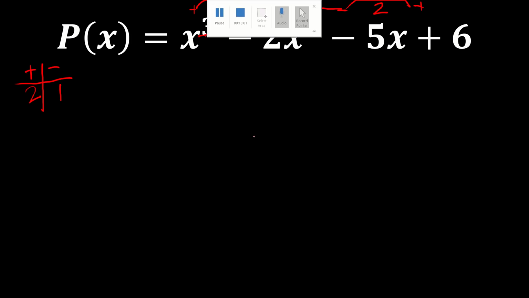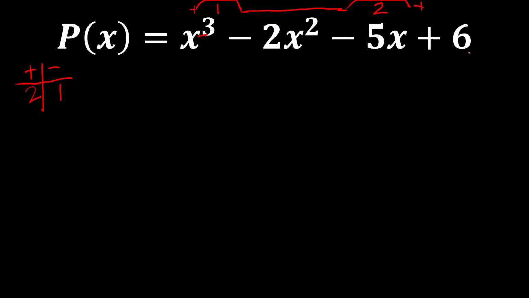Next, we have the integral zero theorem. Sabi ko, integral zero theorem, the possible roots of this function ay galing lang sa factors of the constant term, which is, in this case, ay 6.